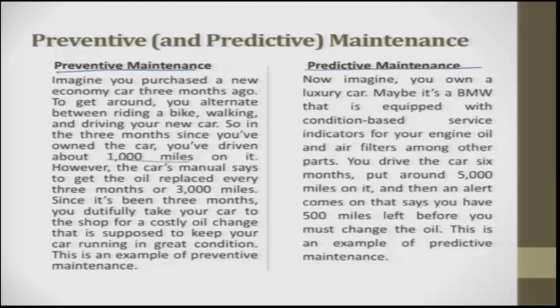However, the car manual says to get the oil replaced every 3 months or 3000 miles. So, now the company has already pre-scheduled, assuming that in 3 months time you will go 3000 miles.